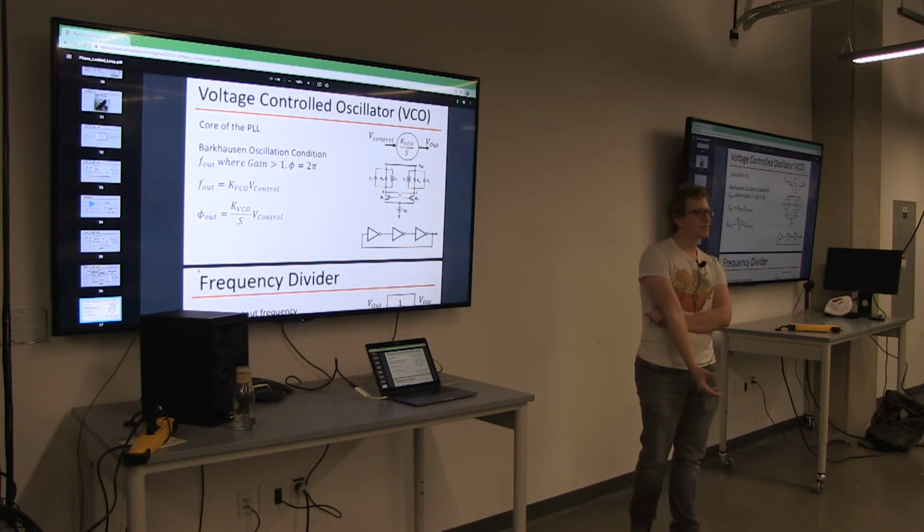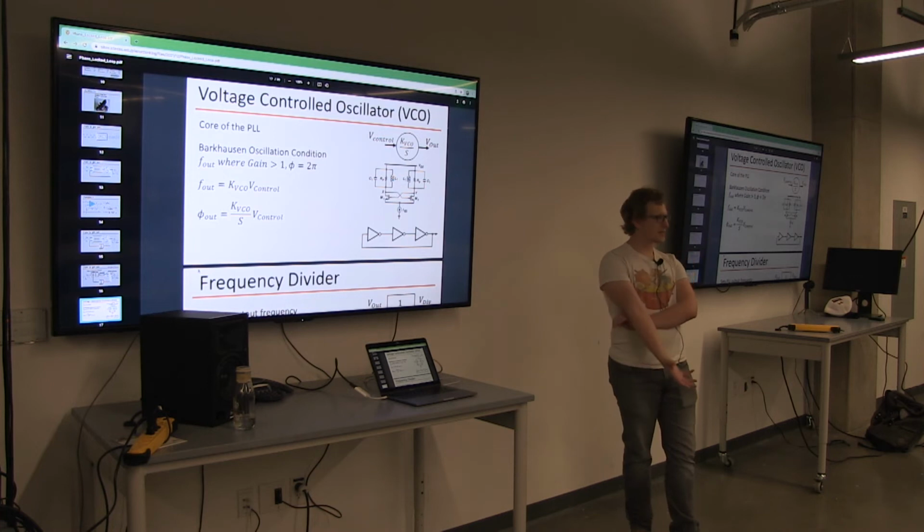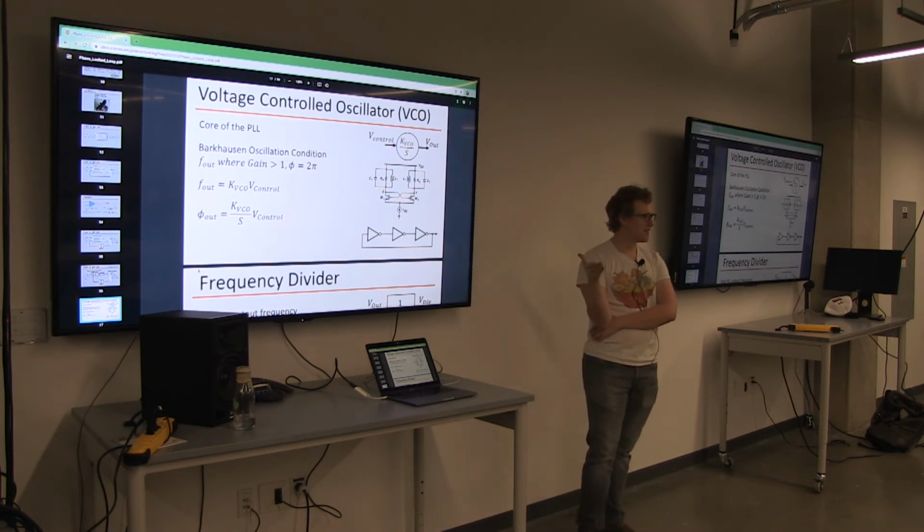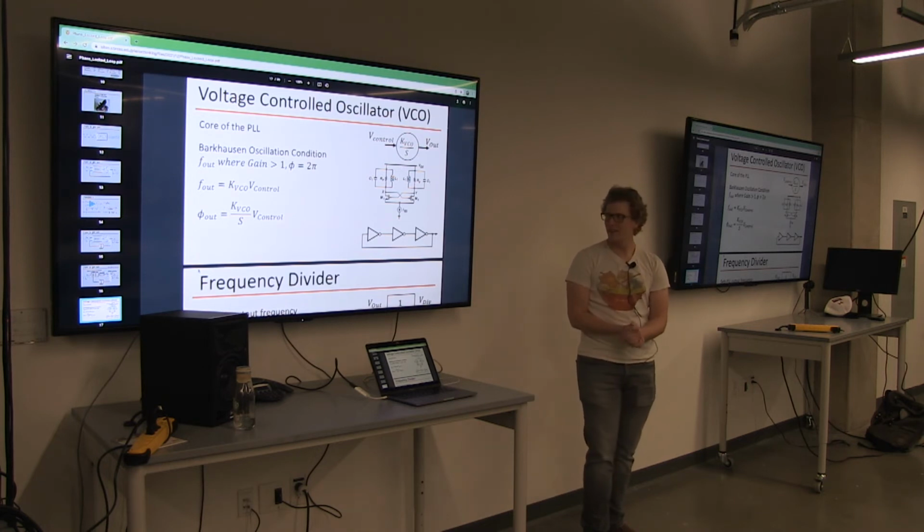If you want something that's really precise, you can trade a lot of area and go for a VCO that looks like this guy, where it's an LC VCO, right? It turns out that inductors are very hard to make on chips though, right? So that's how you get your huge areas out of PLLs, is trying to make an inductor on a chip. Or it can be an external component, right? Again, you're paying for an external component then.